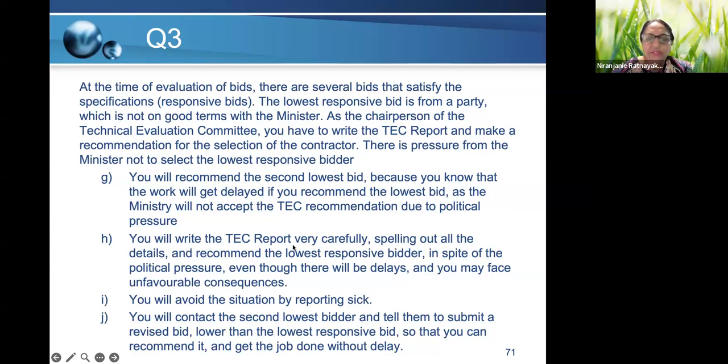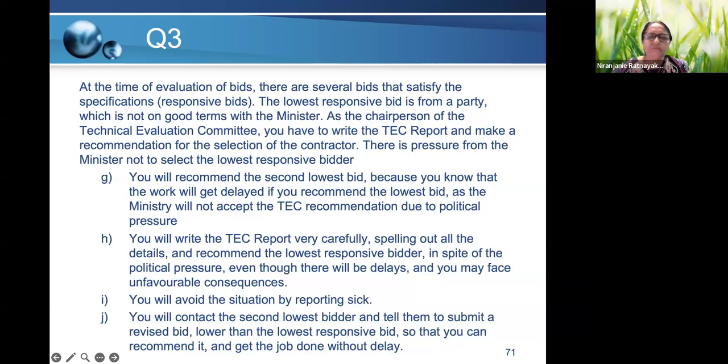You will write the tech report very carefully, spelling out all the details and recommend the lowest responsive bidder in spite of the political pressure, even though there will be delays and you may face unfavorable consequences. You will avoid the situation by reporting sick. You will contact the second lowest bidder and tell them to submit a revised bid lower than the lowest responsive bid so that you can recommend it and get the job done without delay.